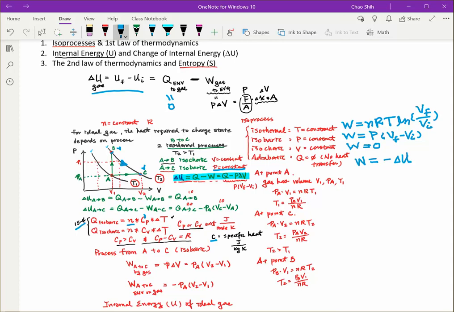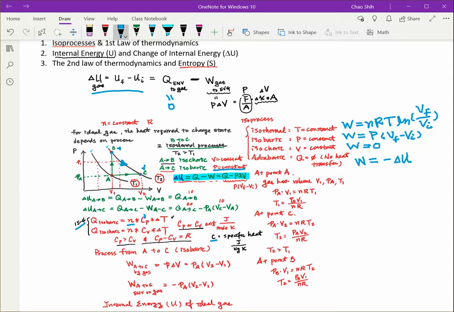For isobaric and isochoric, the C will be different. That's why you see CP and CV. There is a relationship between CP and CV: their difference is R. The R is 8.314.